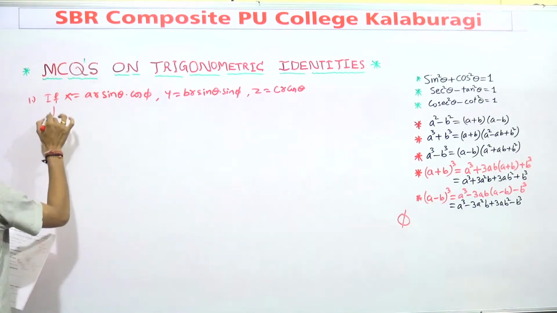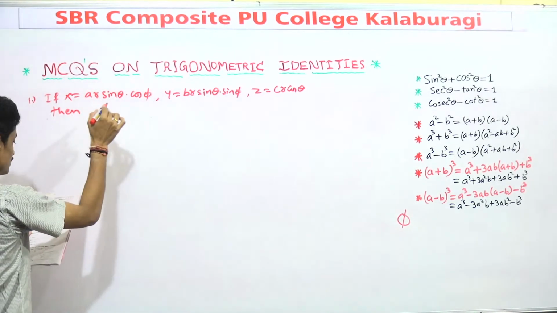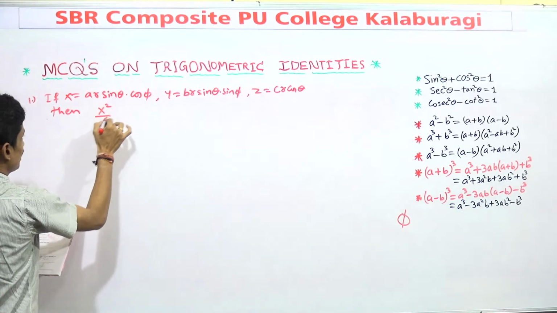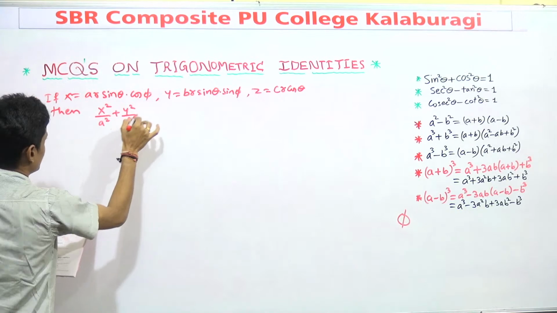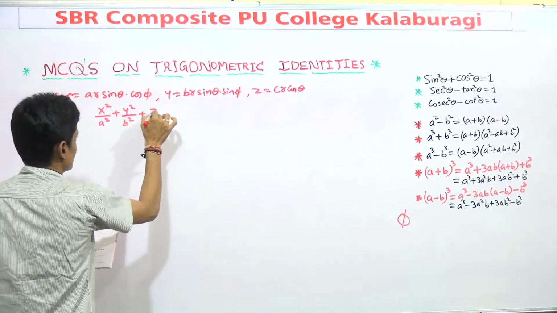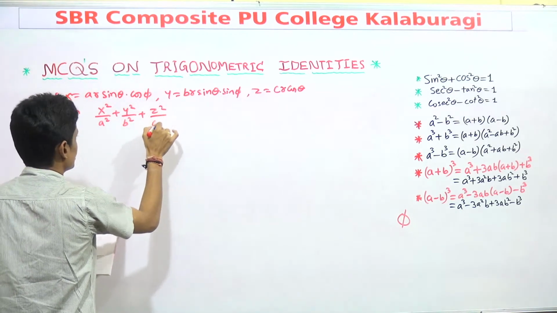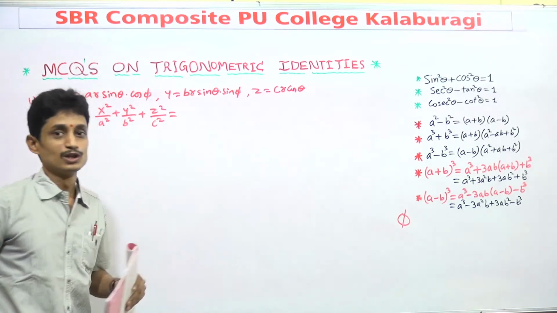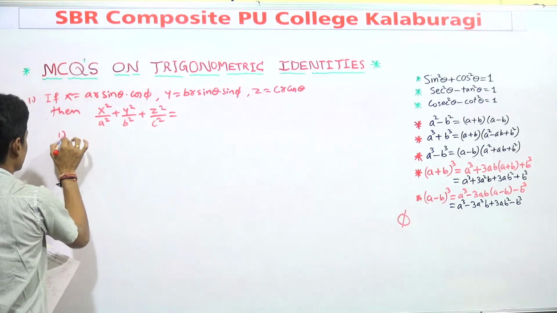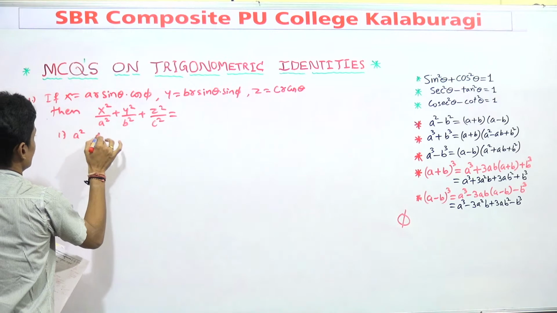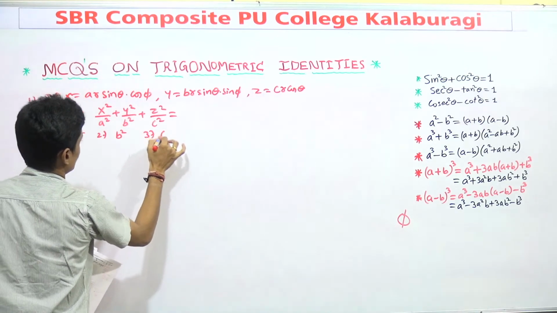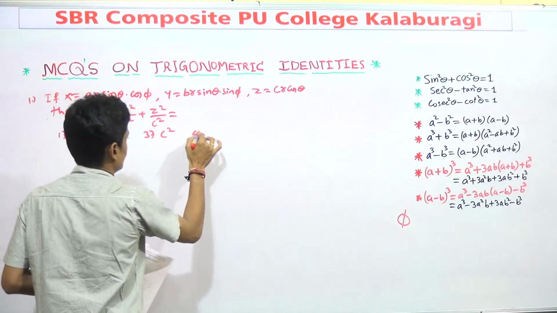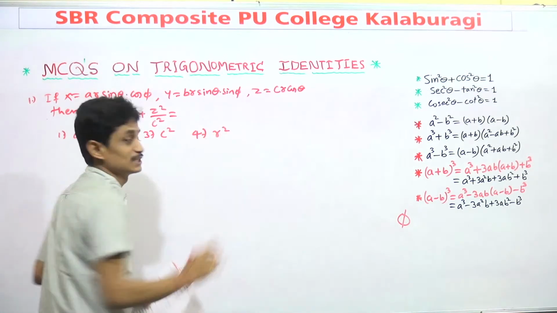Then the question is x square by a square plus y square by b square plus z square by c square equal to. The option number 1 is a square, option number 2 is b square, option number 3 is c square, option number 4 is r square.